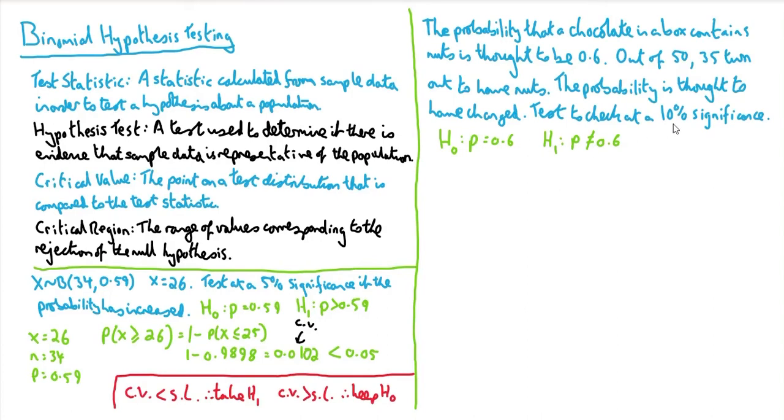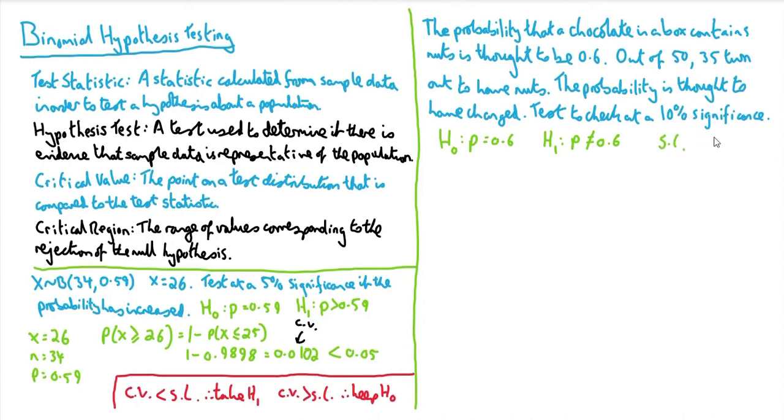Now when we do this, the 10% significance level we're going to be looking against at the end represents both tails together. So if you have a just not equal to, to find the value that you're going to be comparing your critical value against, you need to halve the significance level.